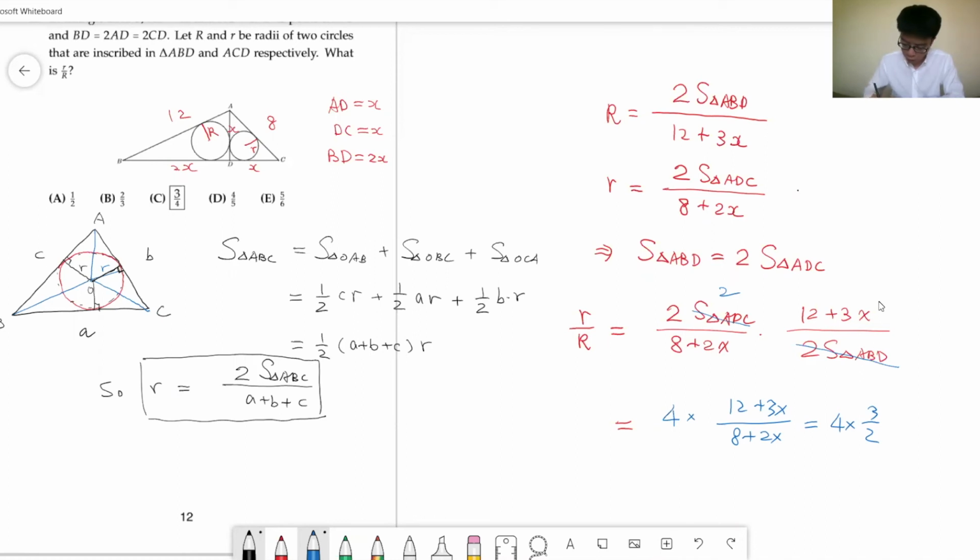Okay, I made a mistake here. I should put 2 here, okay, because ABD is twice of ADC, so 2 should be here. Right, so basically 2 cancels 2.